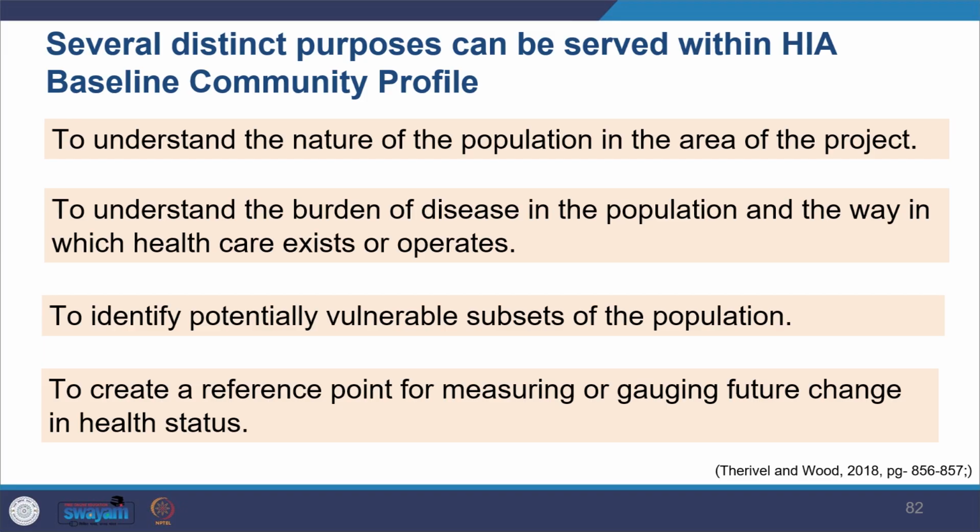Another key idea here is that you should be able to measure what kind of changes are happening, so that with your project you would be able to track whether it's getting worse or whether the health conditions are improving. All of this information is important for accurate prediction, and it's important for taking mitigation measures also.